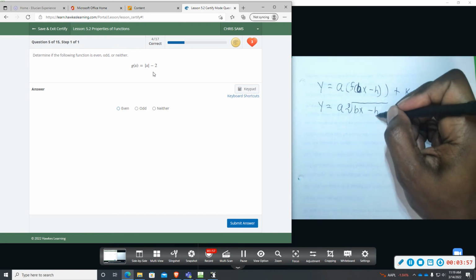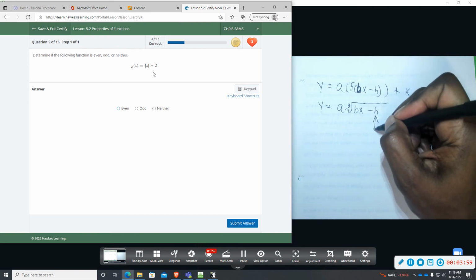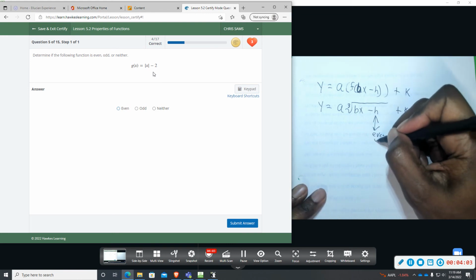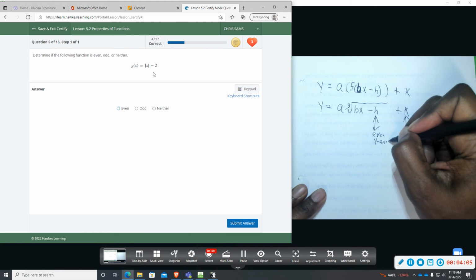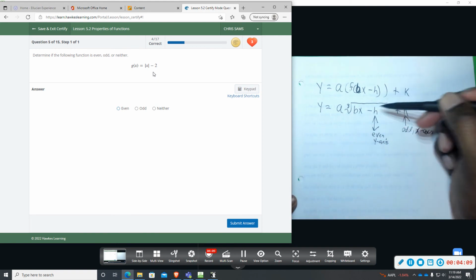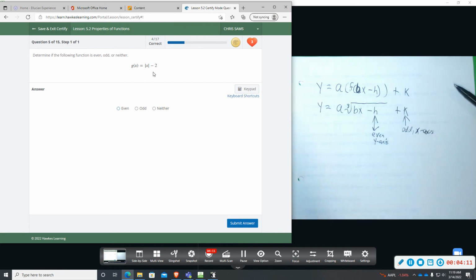This one affects even or y-axis. So if I see something that's even and it has a shift, it's probably not going to be even anymore. And this minus 2 is not in here with the x, so that would be acting like this. That would only move it up or down.